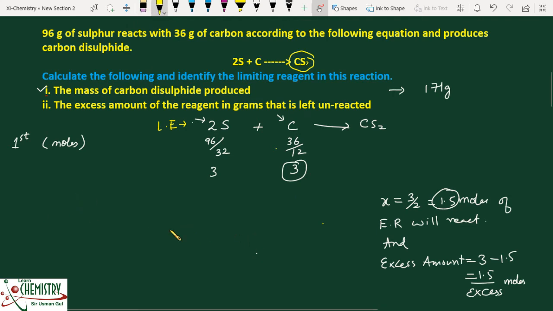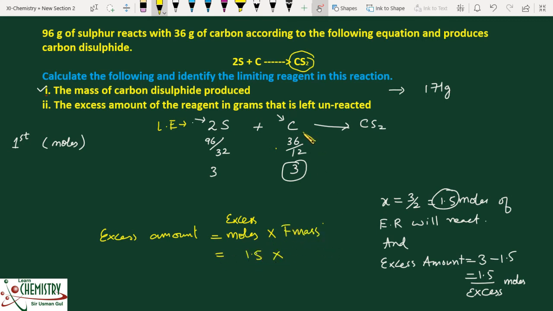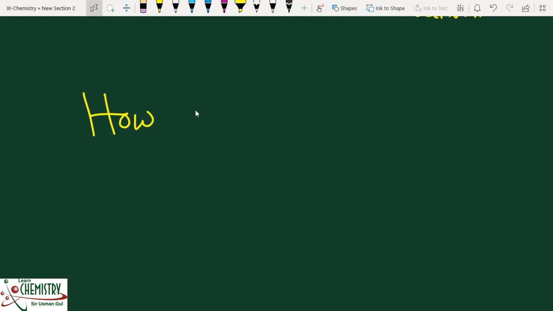Now I am going to calculate the mass of the excess amount. The same way, excess moles multiplied by the formula mass of the carbon. We know 1.5 are the moles, and the formula mass of the carbon is 12, so 18 gram is the answer.